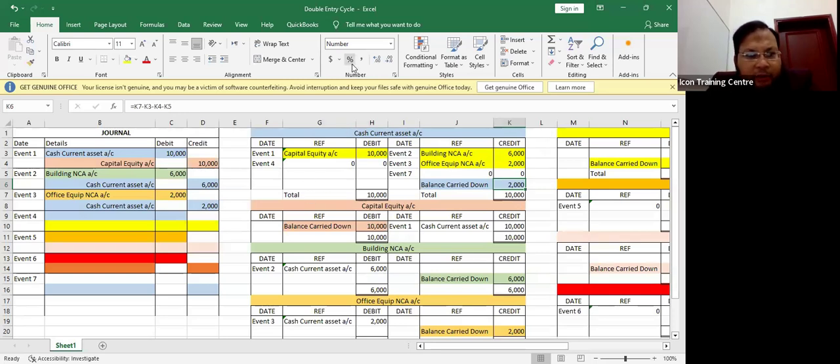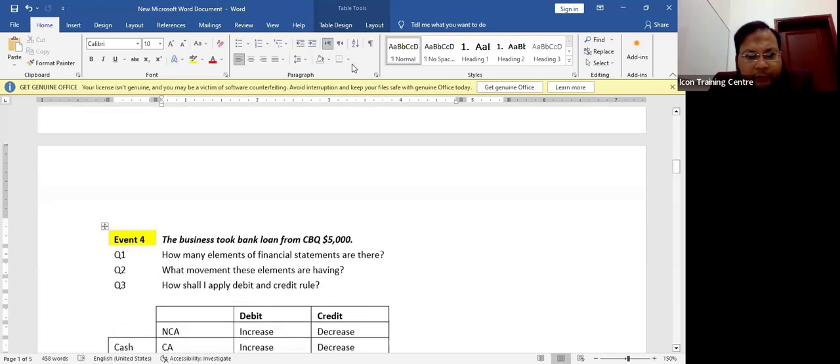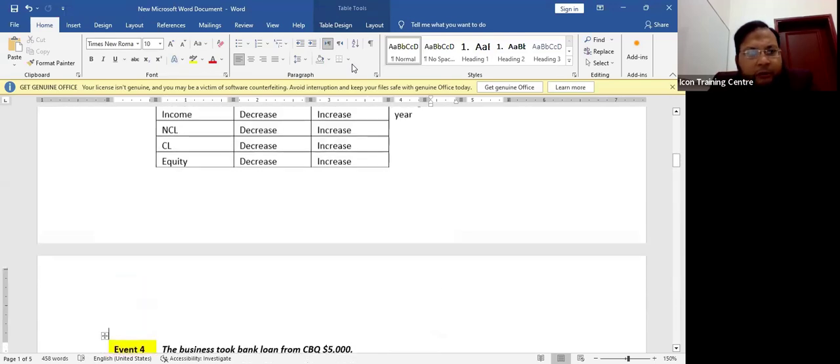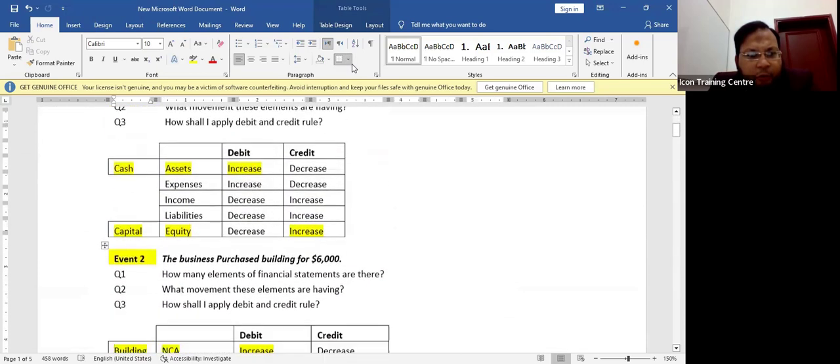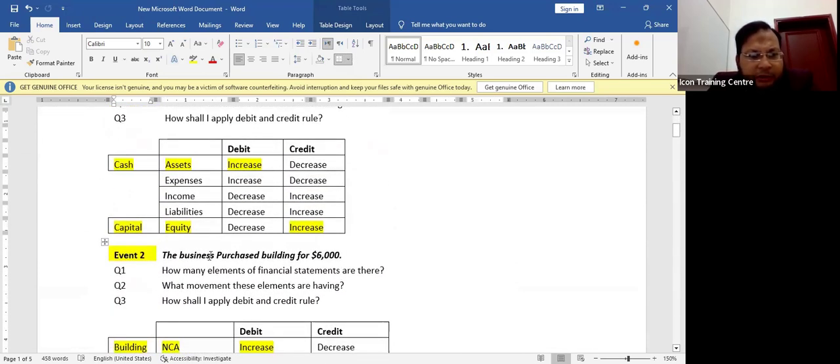Now let's move to the 4th event. In the 4th event, there is a point of concern. If you have a look at event 2, it says that the business purchased building for 6,000. So here we are paying cash, right? Let me write it here.